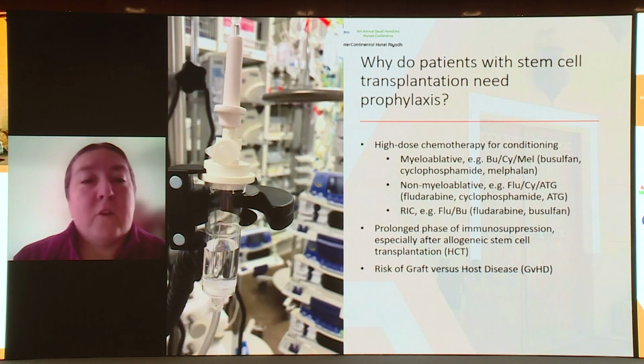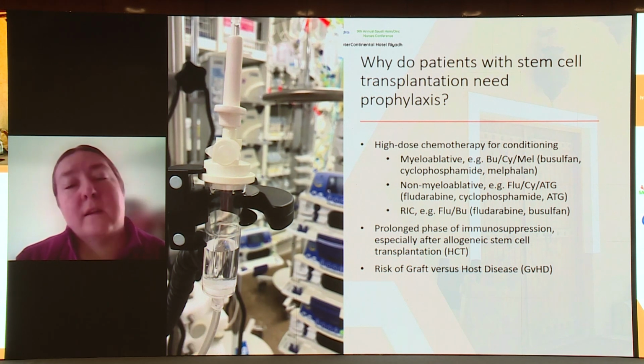So why do patients with stem cell transplantation need prophylaxis? They get high-dose chemotherapy for conditioning before transplantation, and the chemotherapy can be myeloablative, for example, with a combination of busulfan, cyclophosphamide, and melphalan, or non-myeloablative when we combine fludarabine, cyclophosphamide, and ATG.